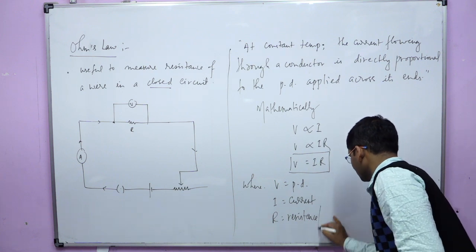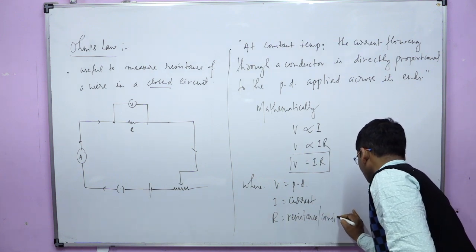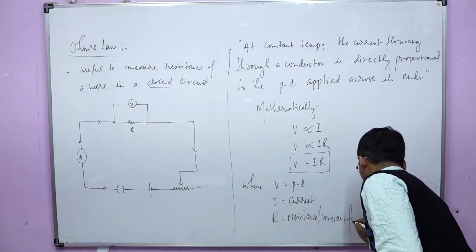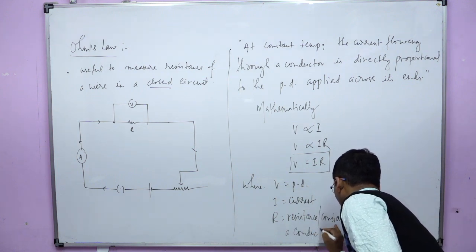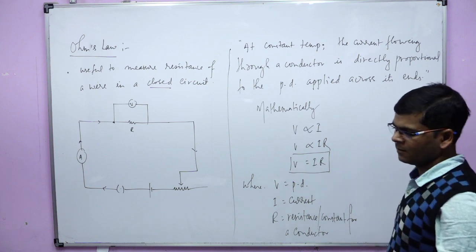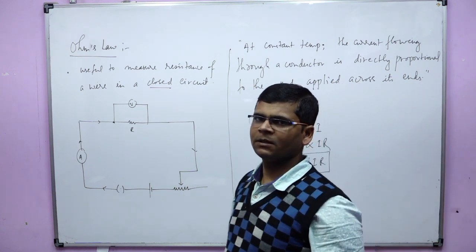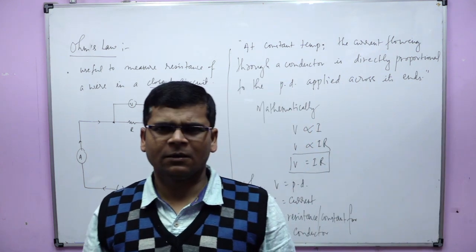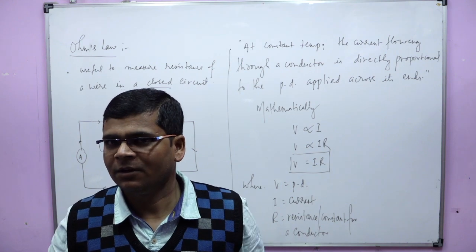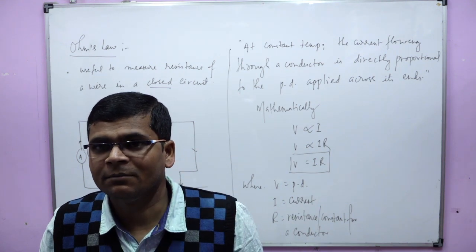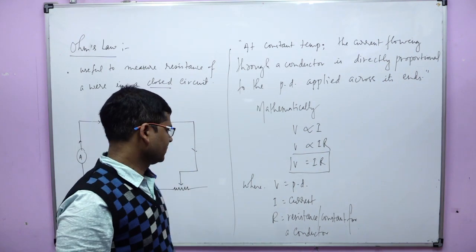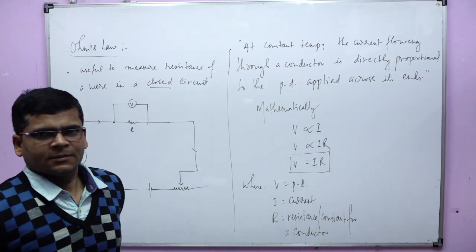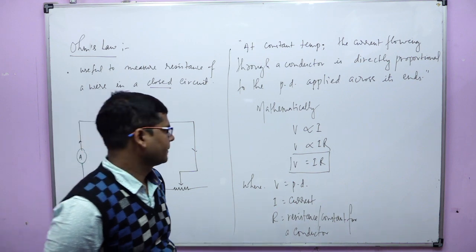And this resistance is actually considered constant for a conductor. Constant for a conductor means when other conditions are constant, like length of the wire, thickness of the wire, temperature is not changing, material has to be fixed. In that sense, resistance is constant.